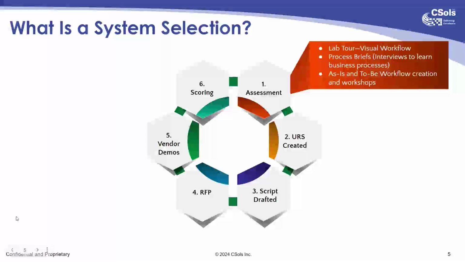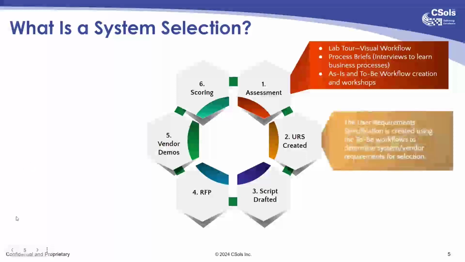After our assessment is completed, we'll go into our URS creation. So the user requirement specification, or URS, is created using the to-be workflows, and we use that to help us determine the system and vendor requirements for selection.